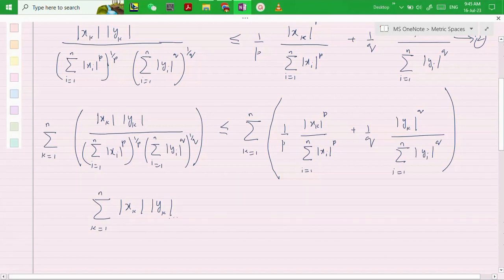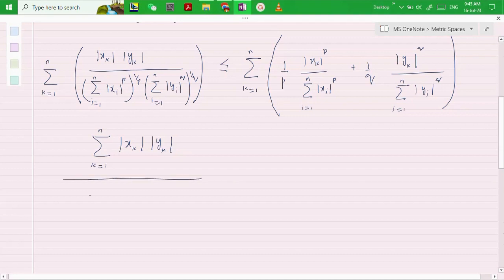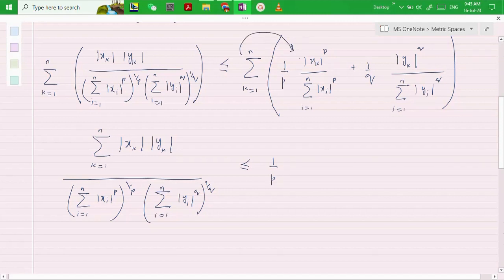So this quantity comes outside here, and when it comes outside we have this one as required: summation i from 1 to n mod xi power p whole power 1 by p, summation i from 1 to n mod yi power q whole power 1 by q, less than or equal to the summation separated over here, 1 by p, and this k depends on the numerator.